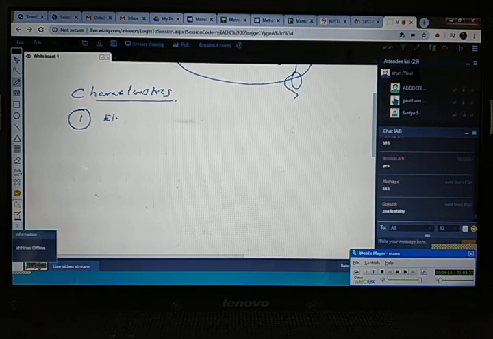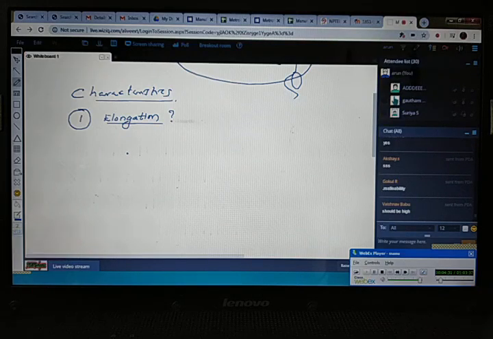What is your opinion about this elongation? Elongation means the change in length. Vaishnav says that it should be high. I also agree.